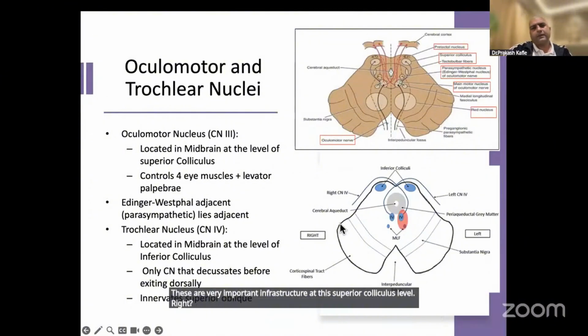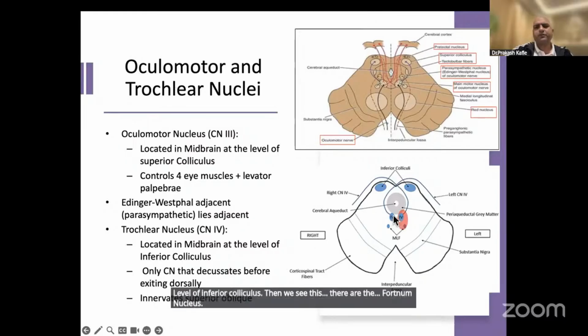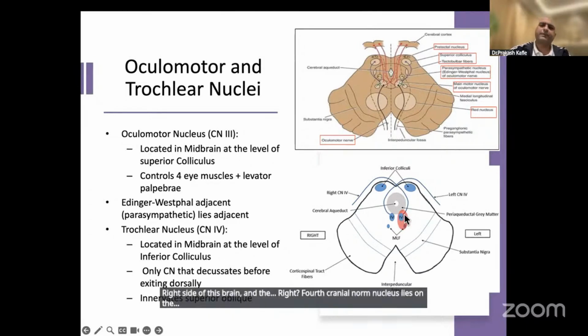Now, if we talk about the midbrain cross section at the level of the inferior colliculus, then we see this. There is the fourth nerve nucleus. What happens with this fourth nerve nucleus? The left fourth nerve nucleus lies on the right side of the brain, and the right fourth cranial nerve nucleus lies on the left side of the brain.